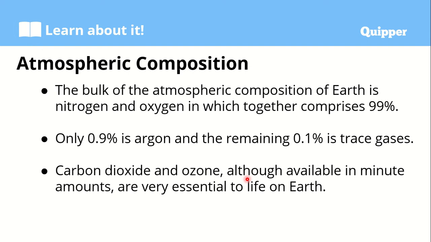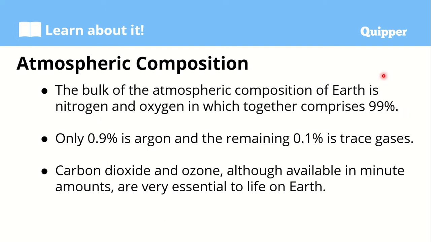Alright, so we have here the atmospheric composition. So this one talks about the composition of our Earth's atmosphere. The bulk of the atmospheric composition of Earth is nitrogen and oxygen, in which together comprises 99%.